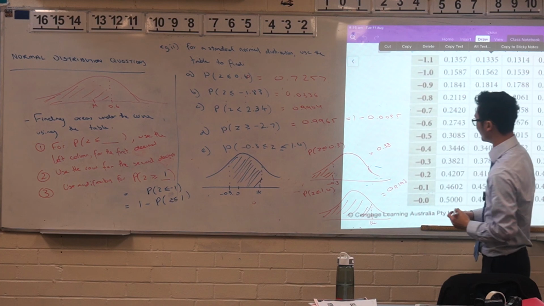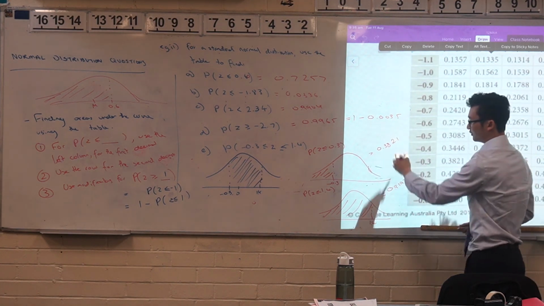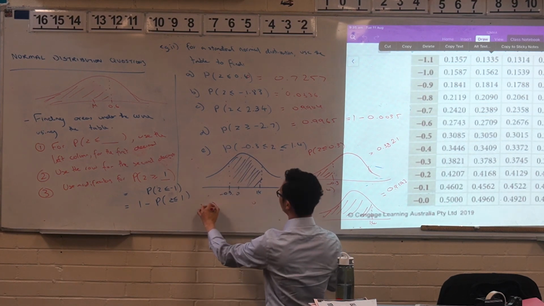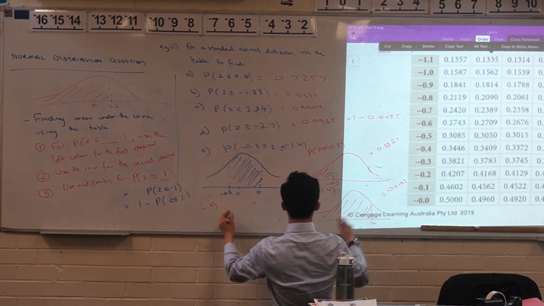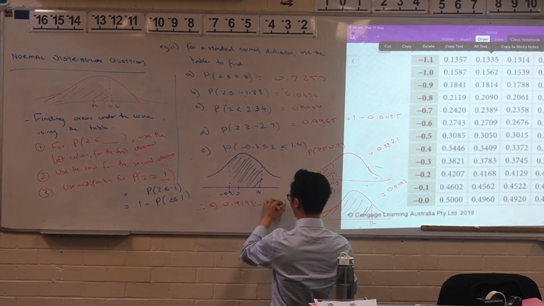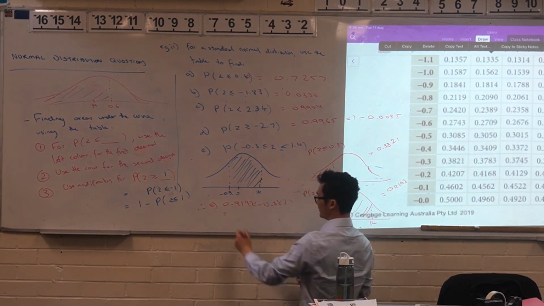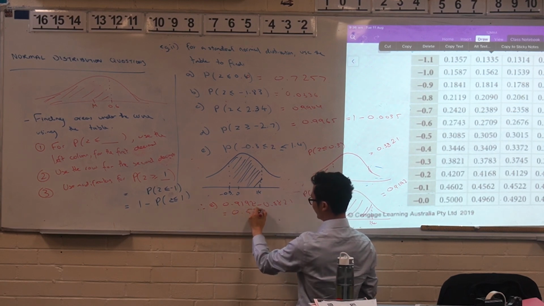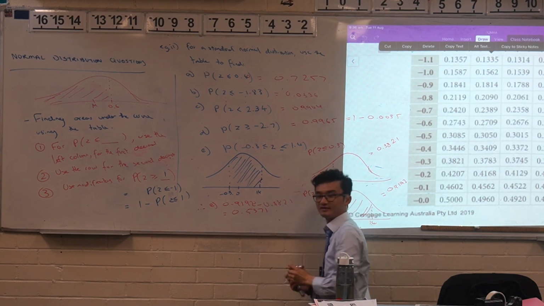I just want to show the working out so you can see how it's all written. And so therefore, part E is going to be 0.9192, take away 0.3821, and what is that? 0.5371. Perfect. Okay, that's it. Any questions about that?